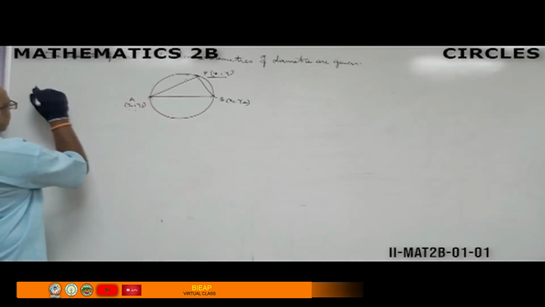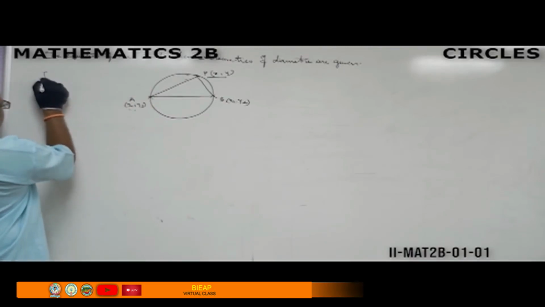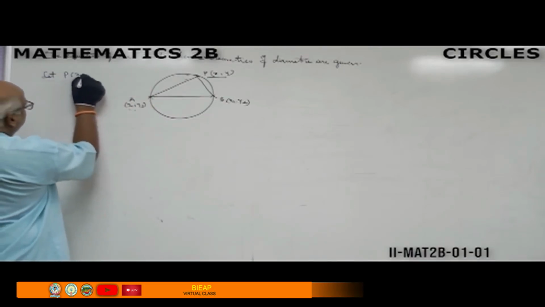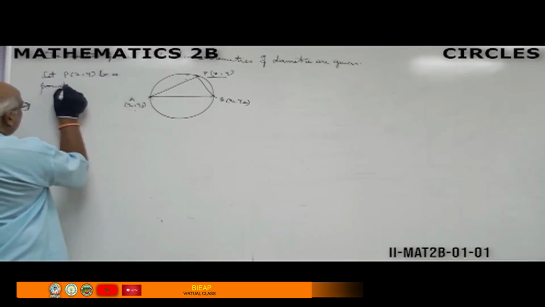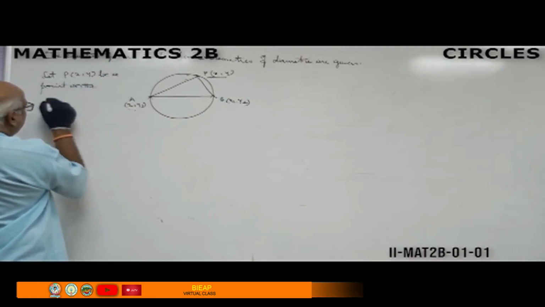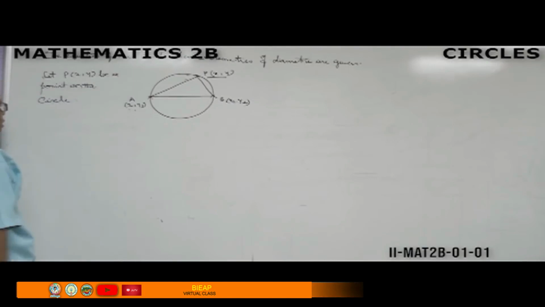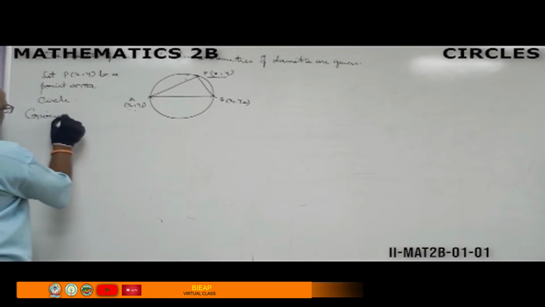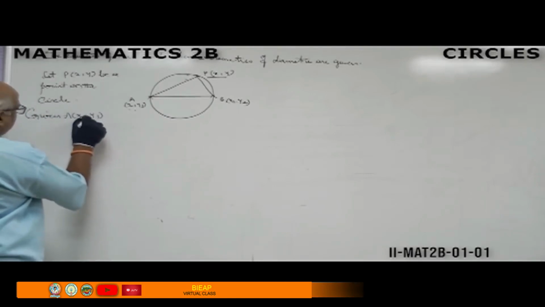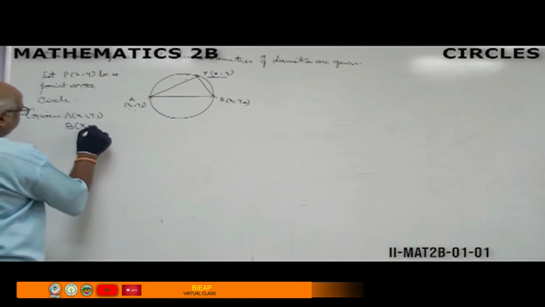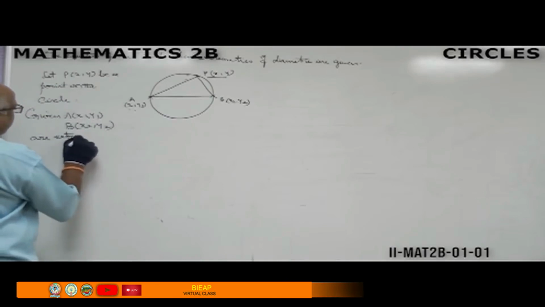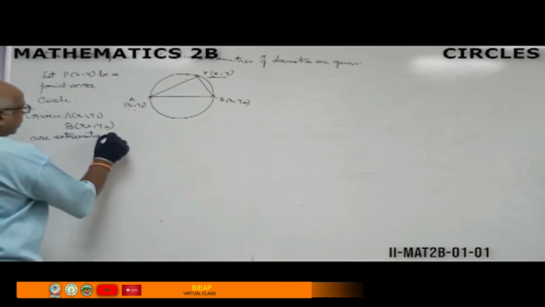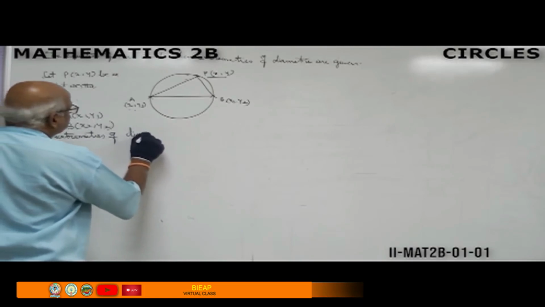Here, let P(x, y) be a point on the circle. Given that A (x1, y1), B (x2, y2) are extremities of diameter.